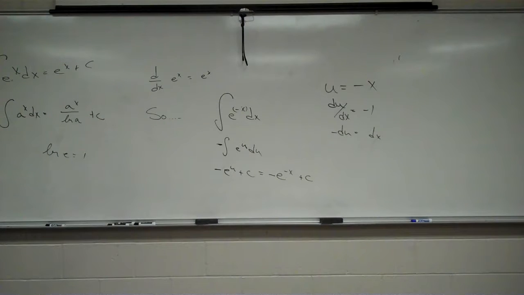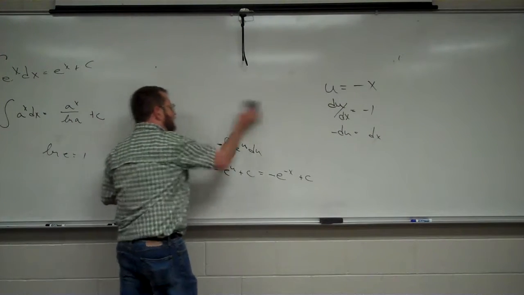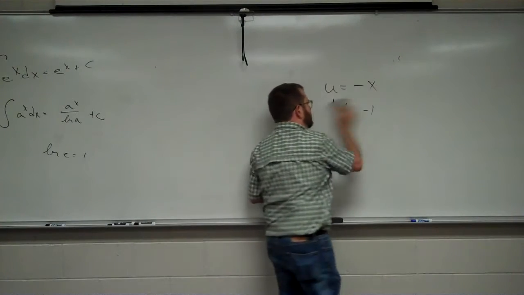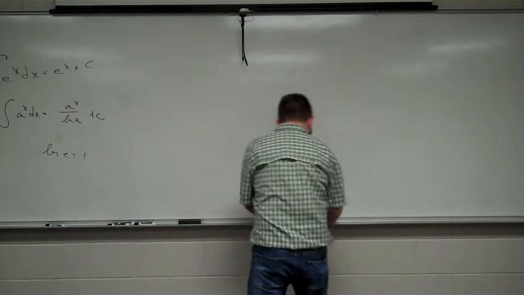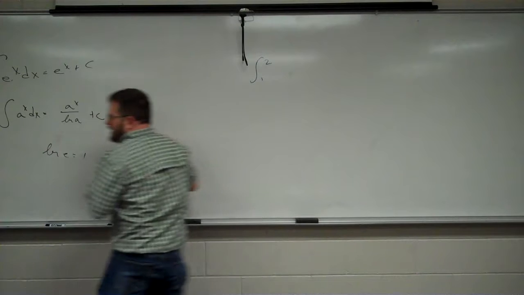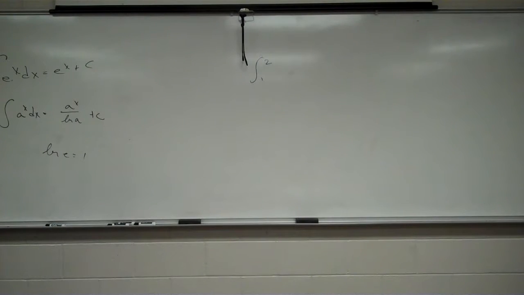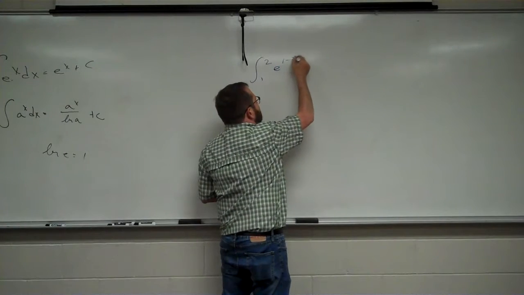Anyway, there's a whole mess of these. They're just examples there. Let's actually do example 541, on page, I don't know, 598. I only like this particular one because it's a definite integral. I want to exercise that a little bit. So if we had the integral from 1 to 2 of e to the quantity 1 minus x dx.